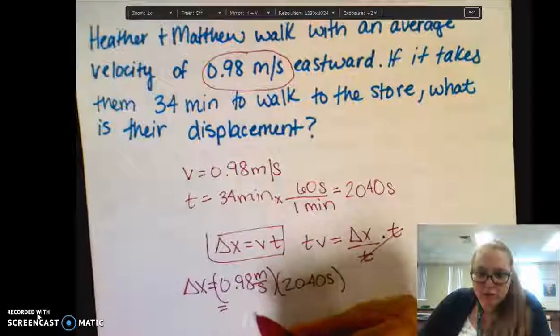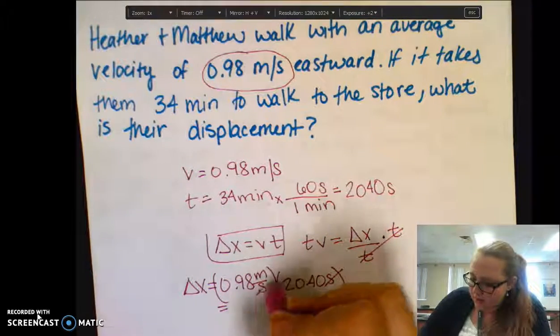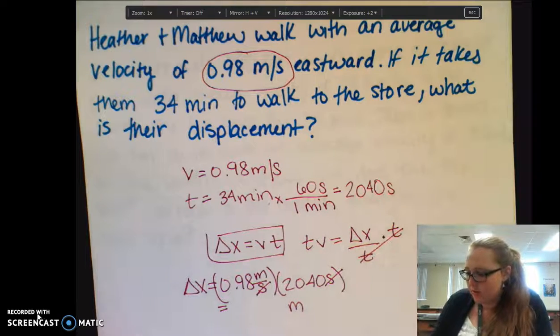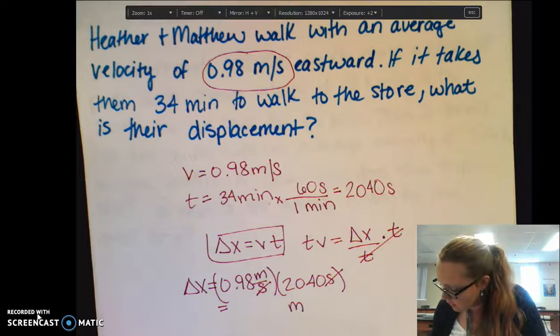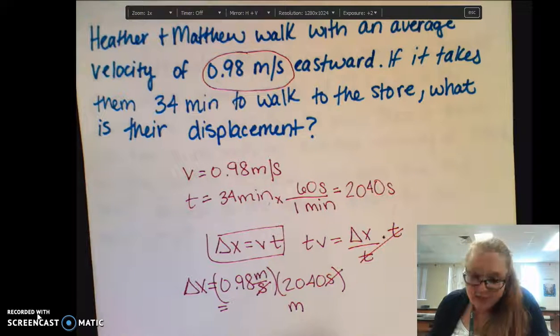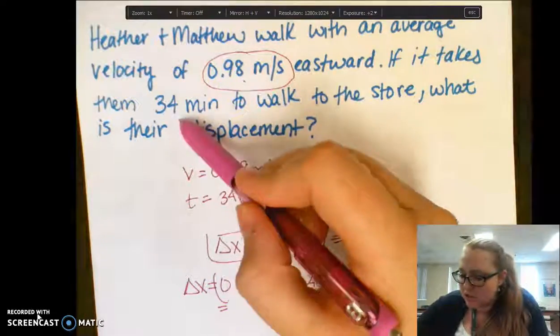Now if we do a little dimensional analysis here, we see that seconds here will cancel out with seconds here, and we should be left with the SI unit meters. So 0.98 times 2040 is 1999.2. If you notice, our problem only gives us 2 digits here, 2 digits here.